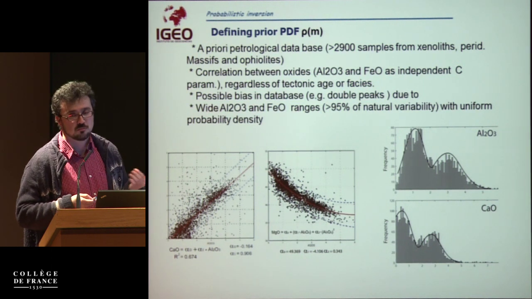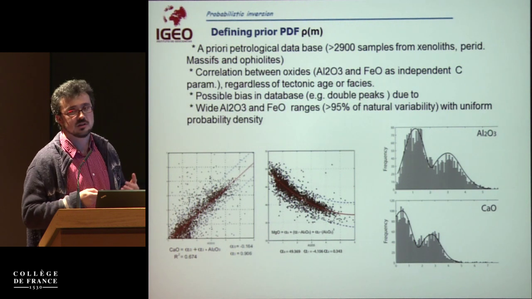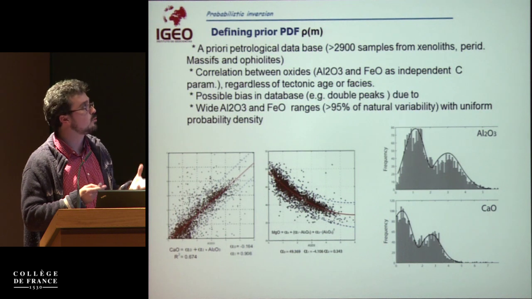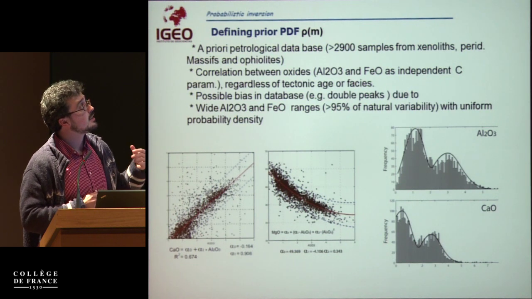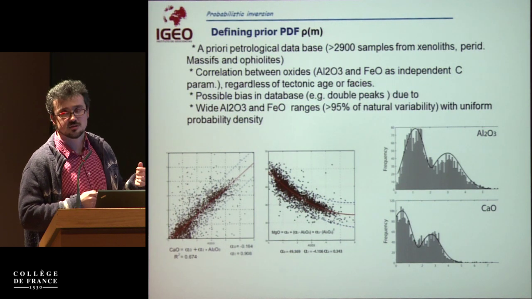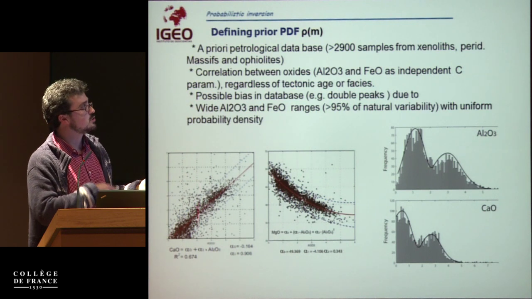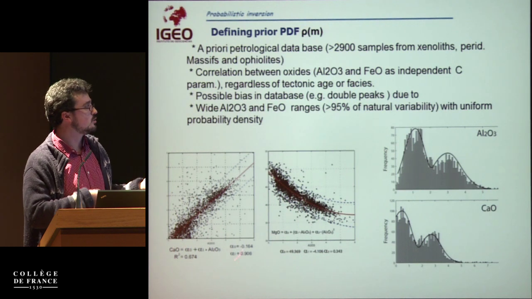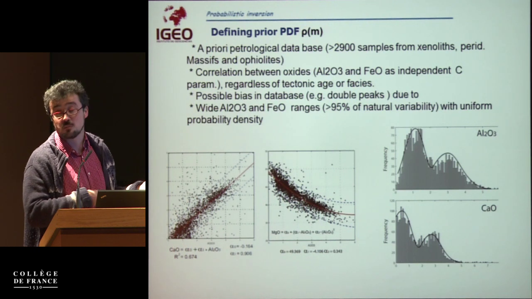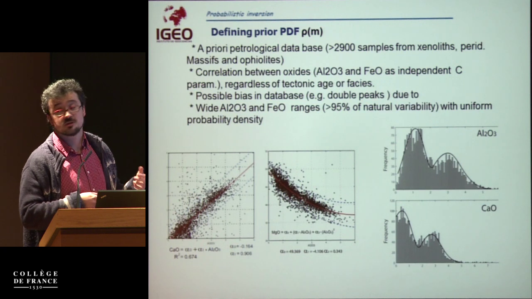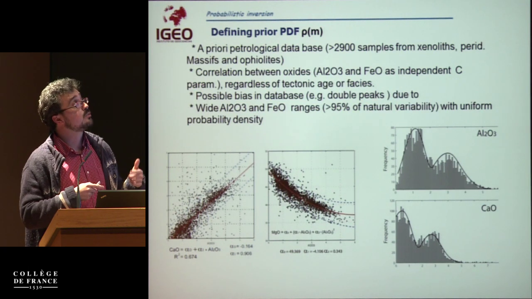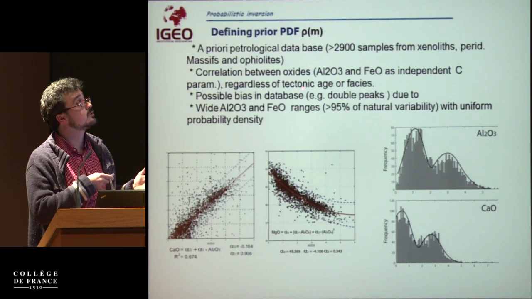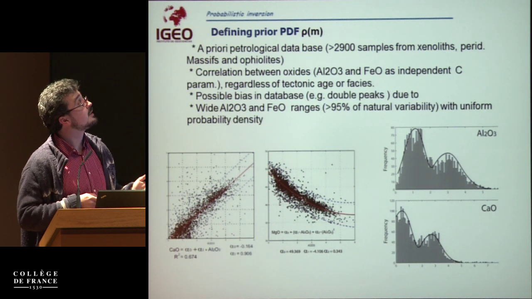We found some correlations which are actually independent of the age and the type of the rock, which allows us to determine some of the oxides as a function of, for instance, calcium oxide as a function of aluminum oxide, and the same for magnesium. This is good because it allows you to reduce the compositional space from 5 potential major oxides to just 2, aluminum and iron.